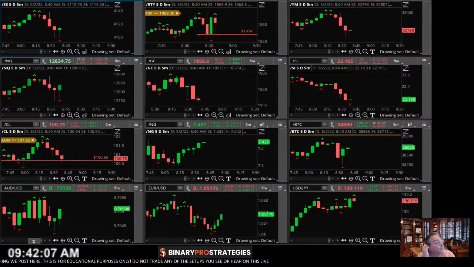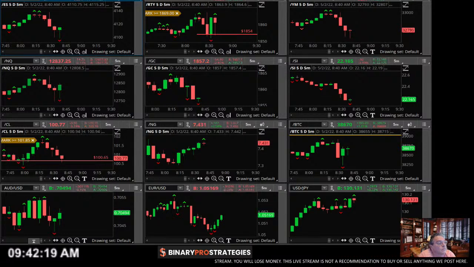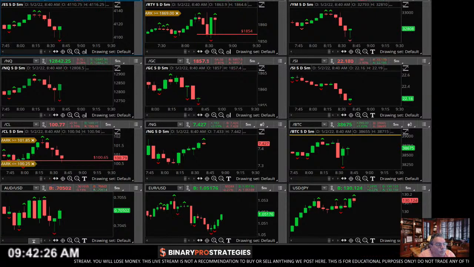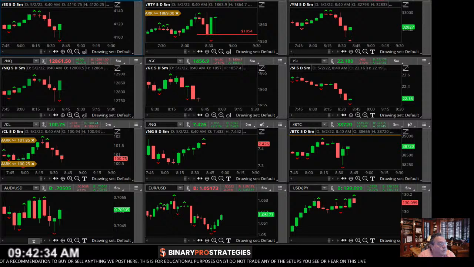Target on crude is going to bring us down to 125. Reversal on crude is going to be 101.45.